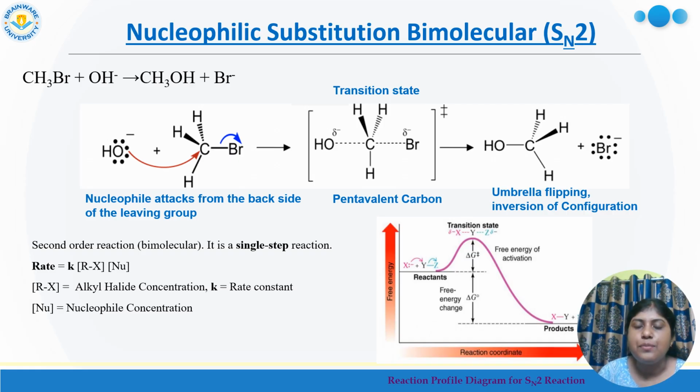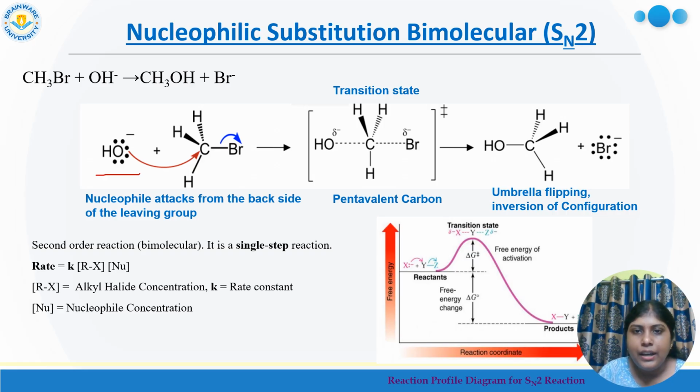Next, nucleophilic substitution bimolecular reaction. Suppose an example, alkyl halide CH3Br reacts with OH minus ion, and this Br is substituted by OH. So the formation of alcohol. Now in SN2 reaction, that means substitution nucleophilic bimolecular reaction, the nucleophile attacks the carbon and the leaving group is removed from the reaction medium, and both happen simultaneously.